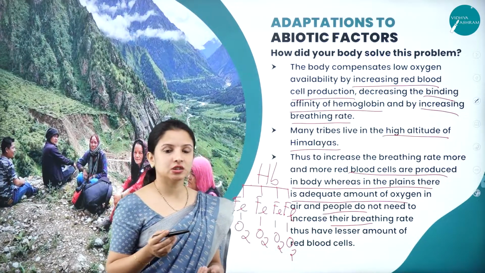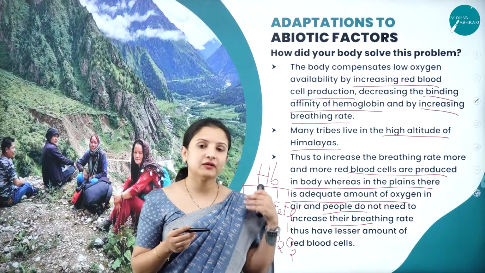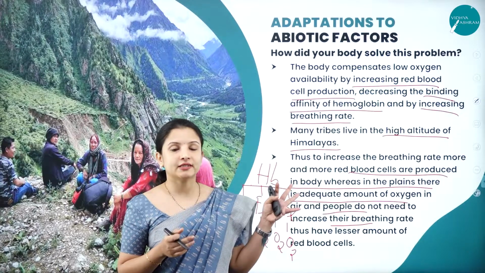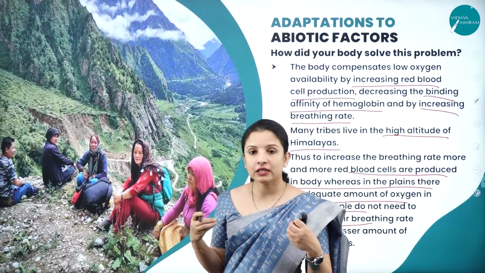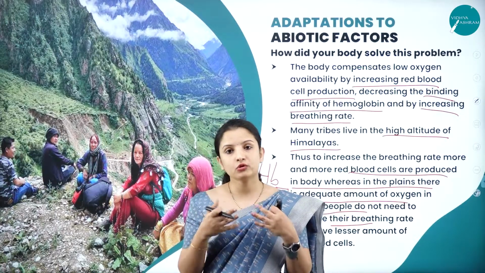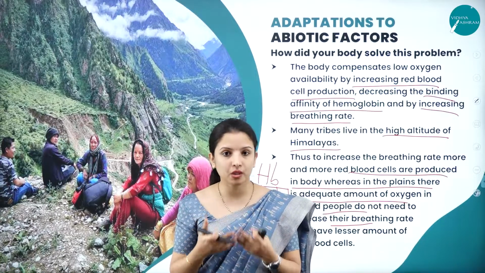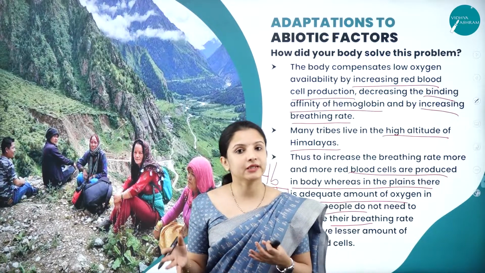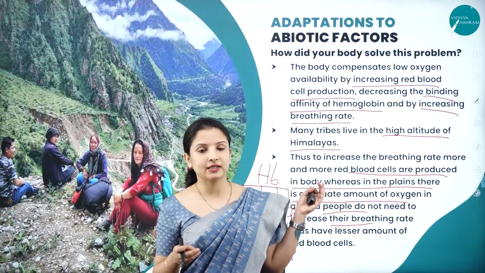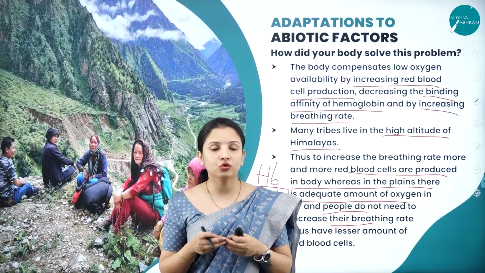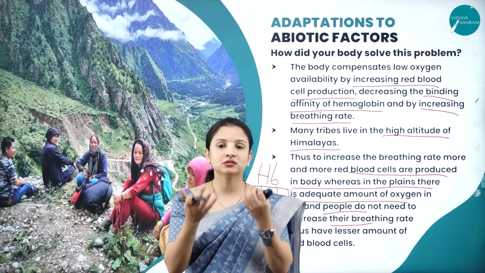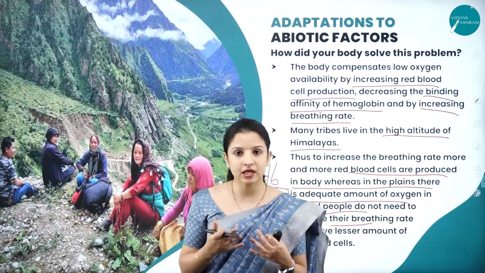So the people who are inhabitants of the higher altitudes, such as the tribes of the Himalayas, will always have a faster breathing rate, and the amount of red blood cells in their body will always be more when compared to people living in the plains. Why? In higher altitudes the oxygen is very less, so to take in enough oxygen, the breathing rate increases, and as the breathing rate increases, the amount of oxygen entering the lungs increases.